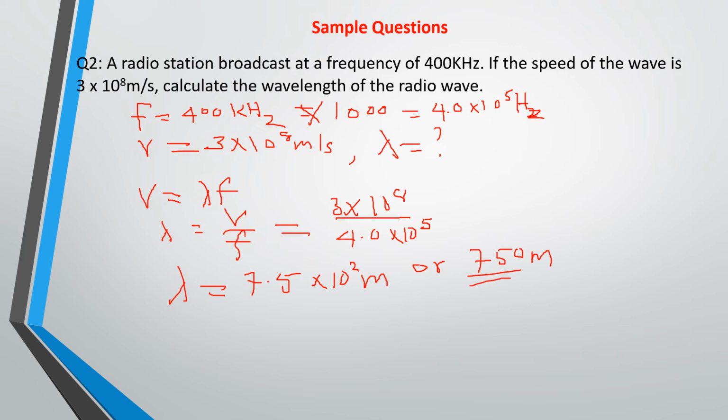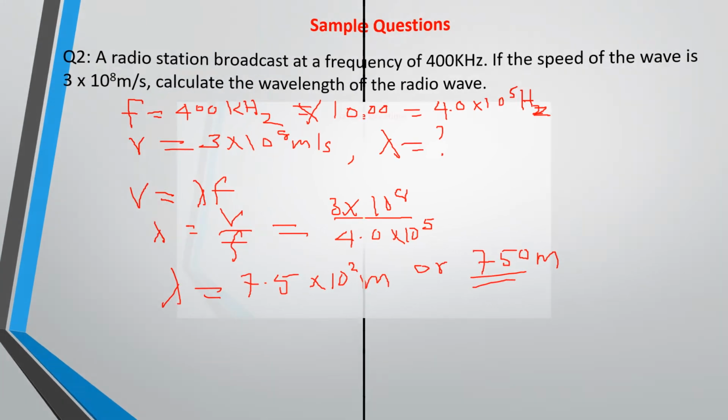So you see how to use the equation to solve the problem. Depending on the equation you are given, just know which equation to use and then your answer will come out readily. Let's take one more. So this is another one that I want to take.